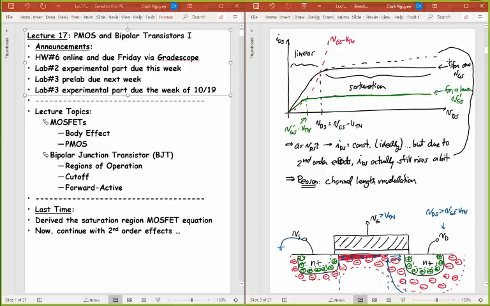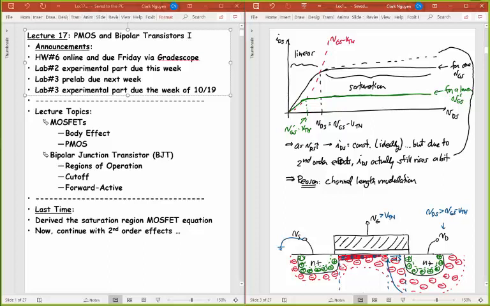Ideally, it flattens out. But we also talked about how last time what's really happening is as I continue to raise this VD past VGS minus VTN, then this voltage becomes higher than VGS minus VTN. VGS minus VTN is right here. And if it's right there, that's where the channel pinches off. So that was where I have a lot of mobile charge here.